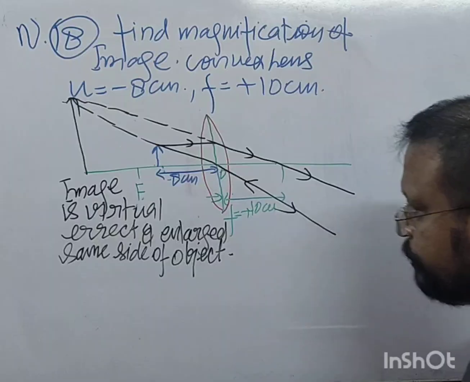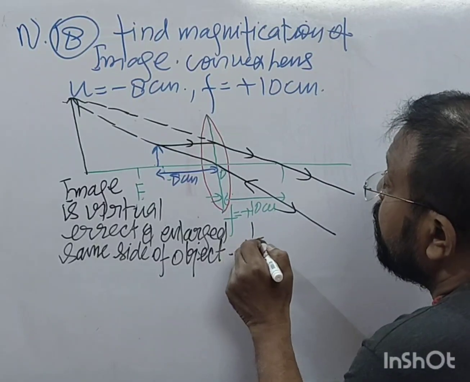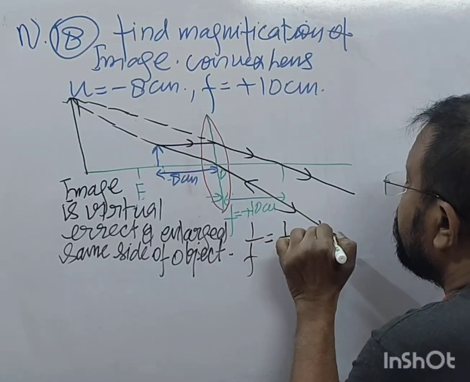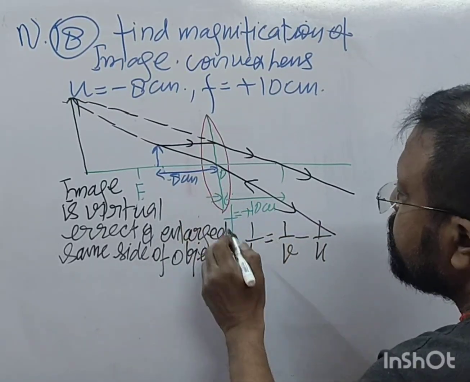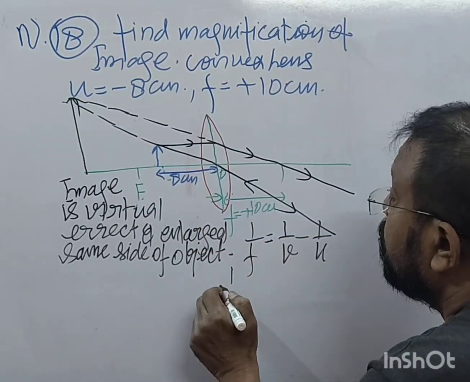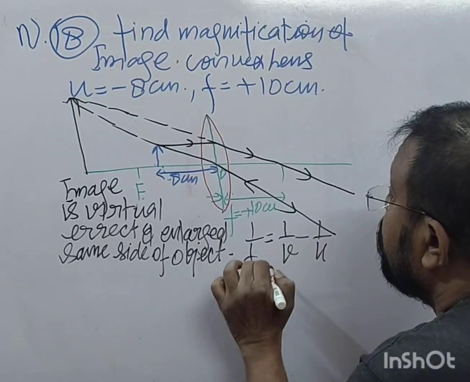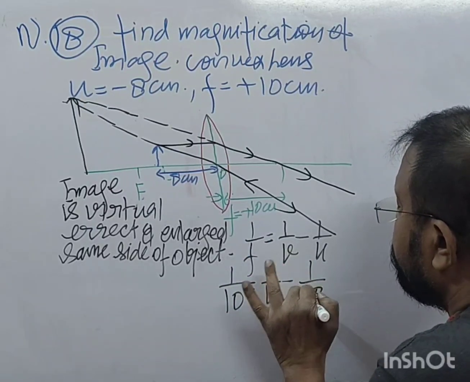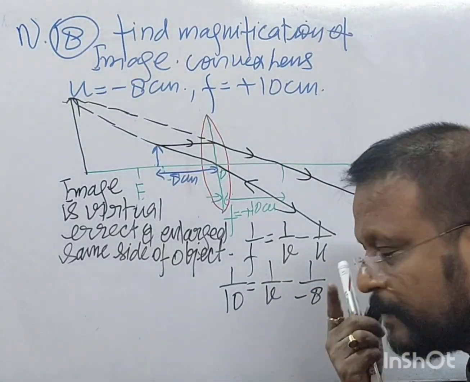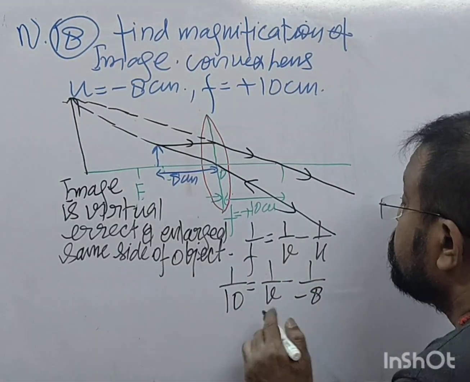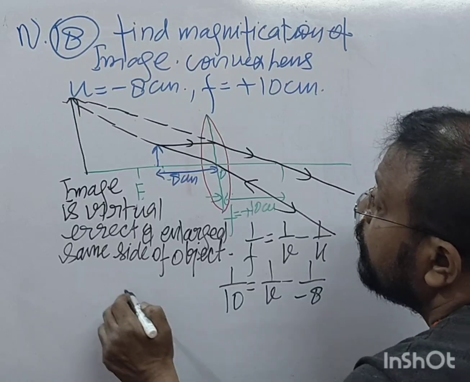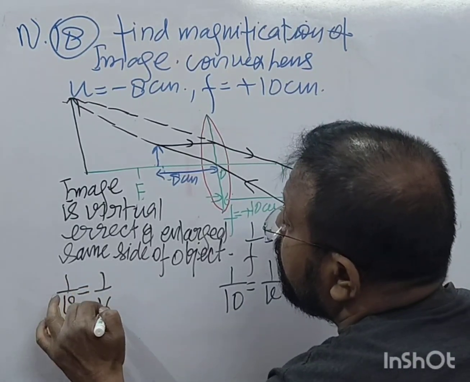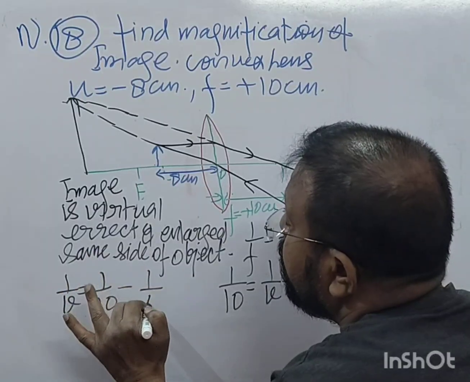So 1 upon f is equal to 1 upon v minus 1 upon u. This is 1 upon 10 is equal to 1 upon v minus 1 upon 8. Minus minus is plus, so it goes on the other side. So we get 1 upon v is equal to 1 upon 10 minus 1 upon 8.